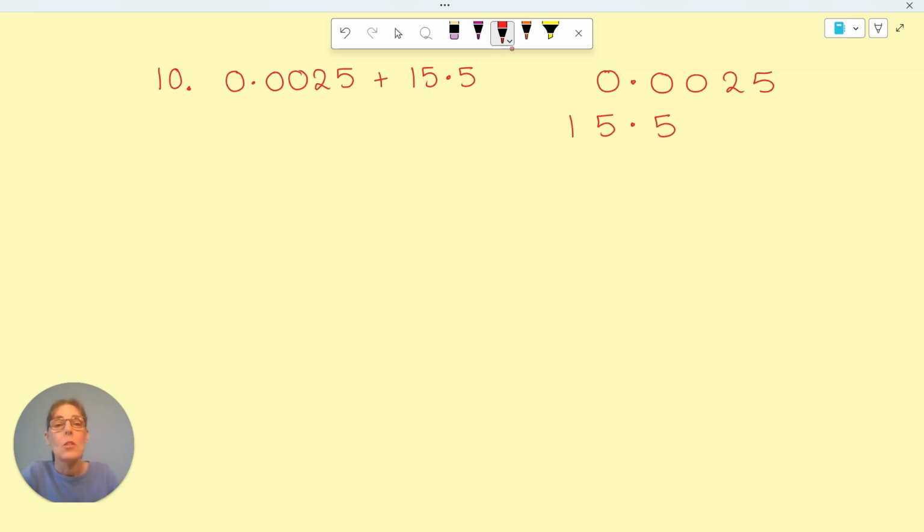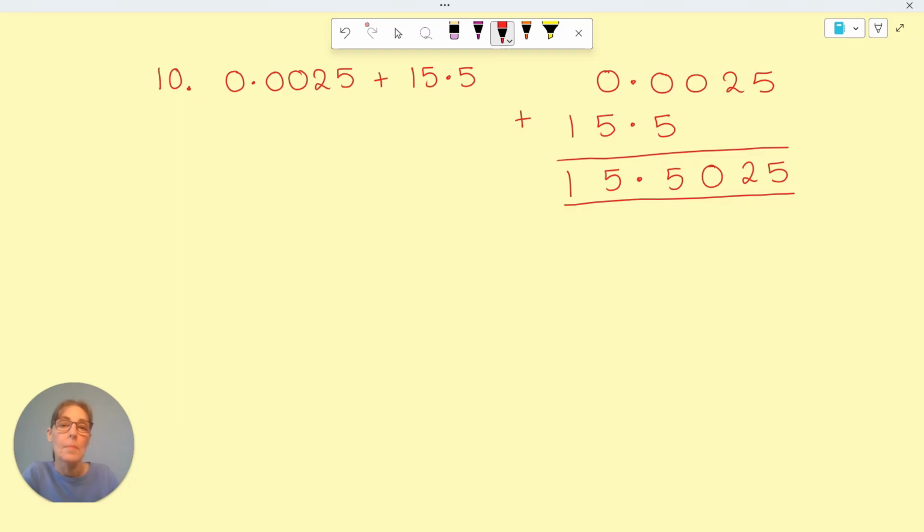I probably generally try and put the bigger number at the top, but as long as you've got the decimal points one on top of each other, and as long as it's addition, it's okay. So 5, 2, 0, 0 plus 5 is 5, 0 plus 5 is 5, and 1. So that equals 15.502.